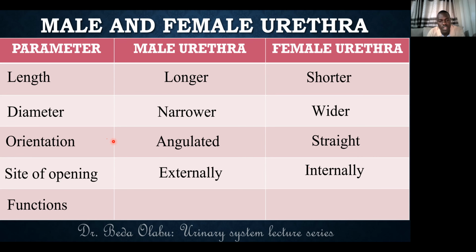You know, the female urethra, you really have to peep for you to see. It's a bit hidden. And then in terms of function, I think this is okay for everyone. That male urethra has reproductive functions in addition to the urinary functions. So those are the differences between male and female urethra.